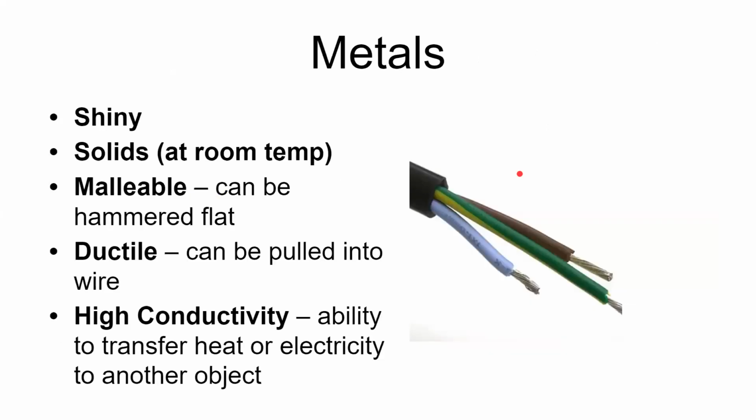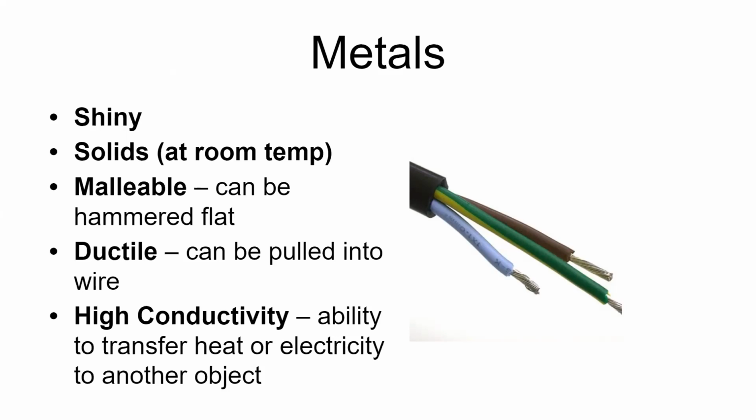So metals tend to be shiny, right? They tend to be very reflective of light. And for the most part, they are solid at room temperature. So at like 70, 75 degrees, most of the metals that we find on Earth are in the form of solids. So like aluminum foil, tin cans, lead pencils, all of that is solid material.